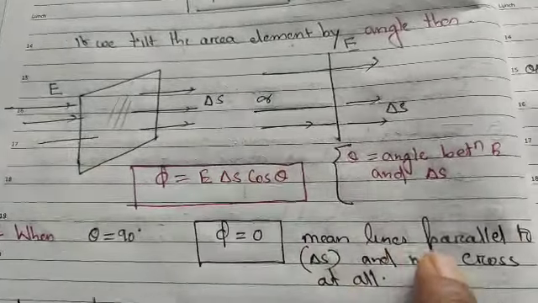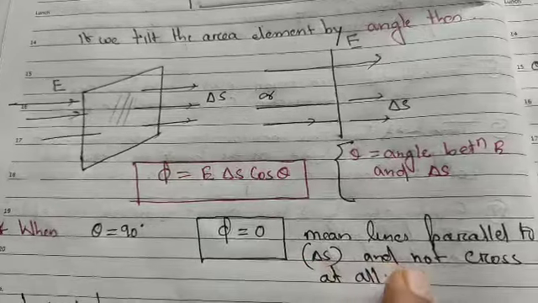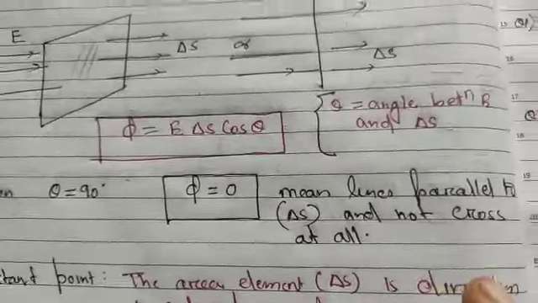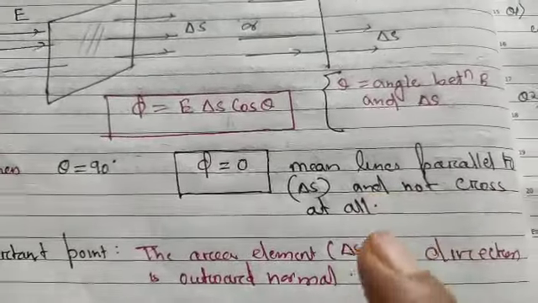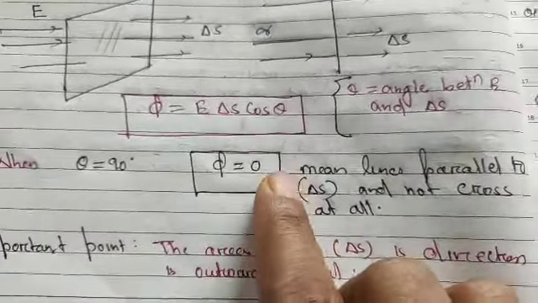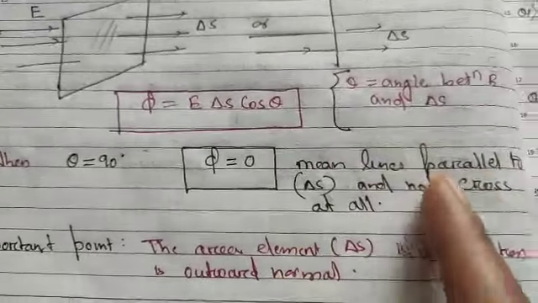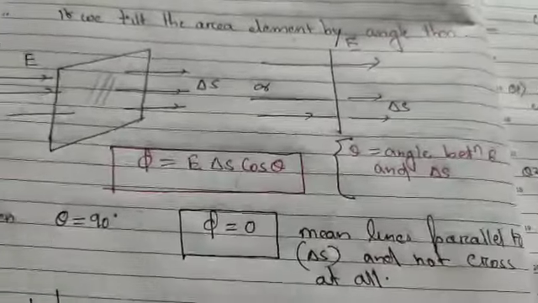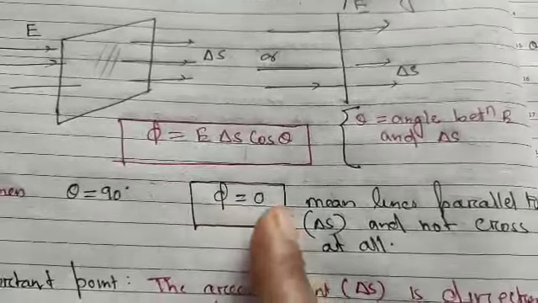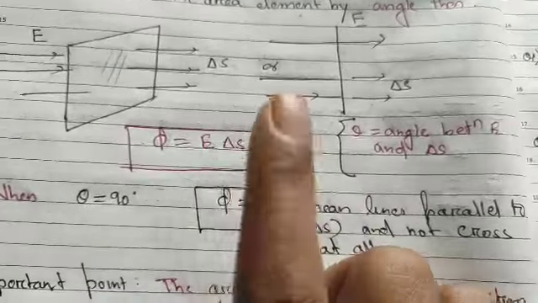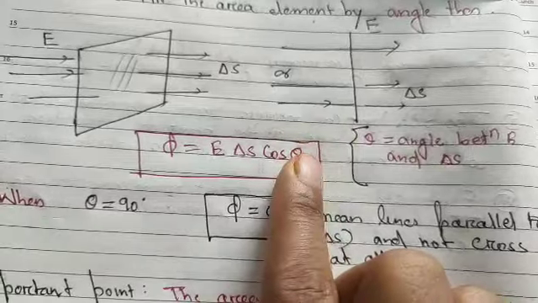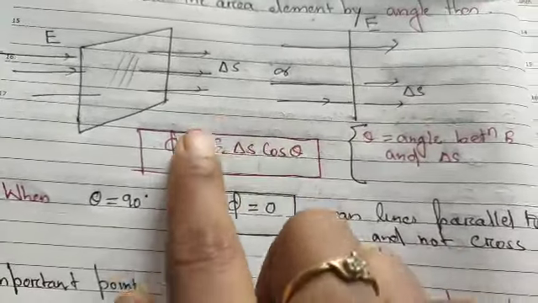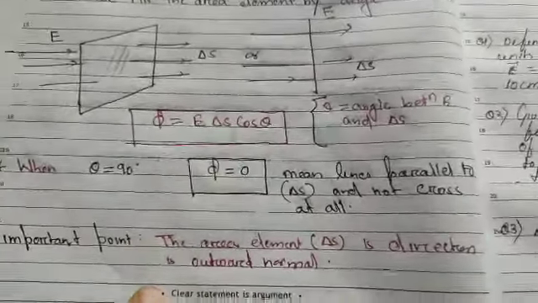It means the line is parallel to delta S and does not cross at all; the line is parallel to the plate, and we can imagine there is no electric line crossing it, so flux is 0. But similarly, if theta is 0 degrees, what happens? Cos 0 is 1, which means the maximum flux is generated.